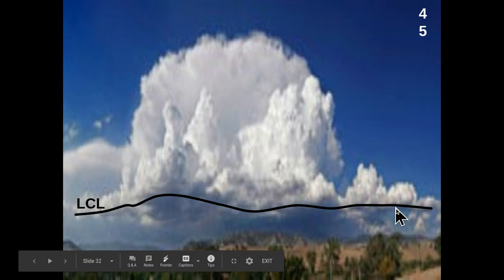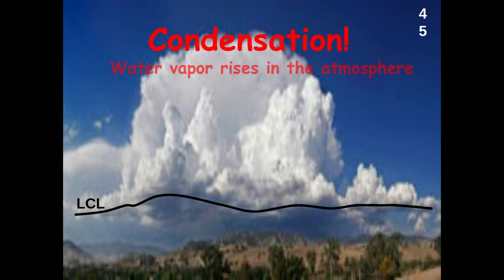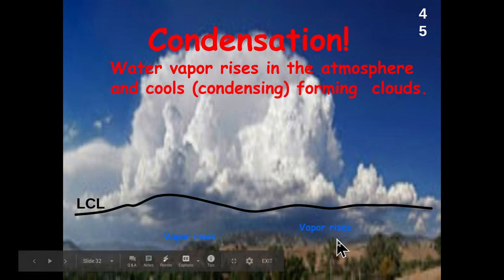And what I try to do in this picture is to map the LCL, and you can get a good idea that the LCL is marking the base of the cloud, meaning that any moisture that begins to rise, so we have air parcels that are filled with moisture. As it rises, it adiabatically cools, relative humidity goes up.